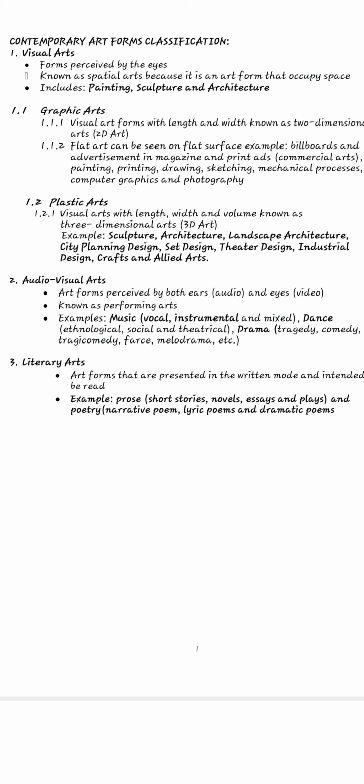It is known as performing art, such as in the theater, where certain performances are performed. Examples of audiovisual art are music, vocal, instrumental, and mix. Dance is also an example, because you can listen to the music and see the performance.